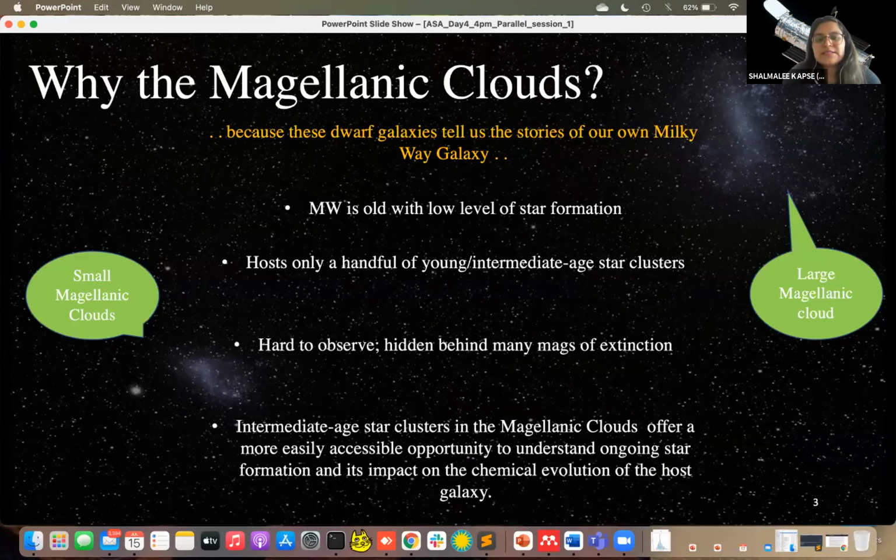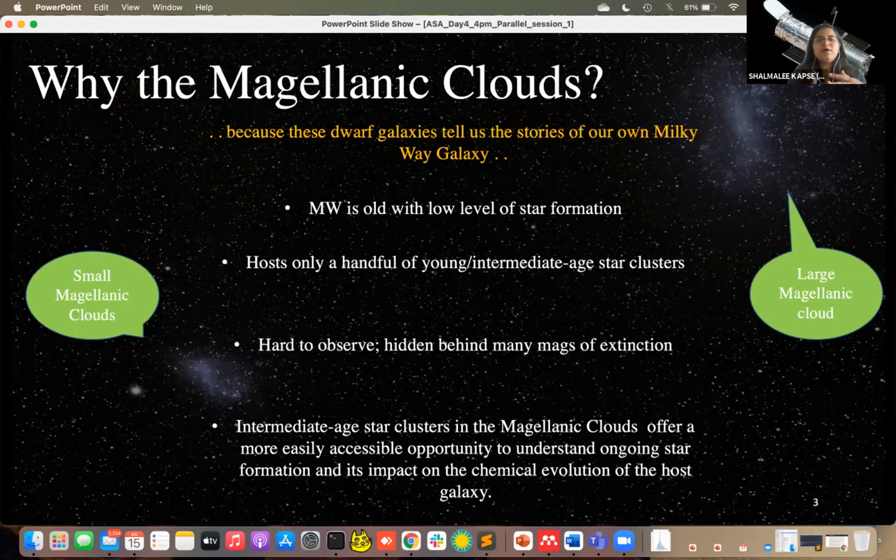The other reason is that the Milky Way galaxy is very old with a low star formation rate. And even if we have a certain number of young clusters in our own galaxy, these are very hard to observe as they are hidden behind many magnitudes of extinction. On the other hand, the Magellanic Clouds, which are our nearest galaxies, have a lot of young and intermediate age clusters.